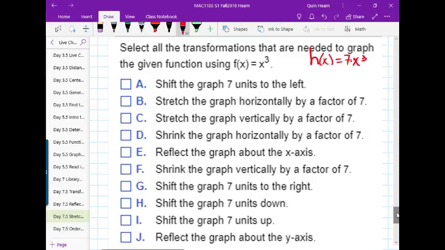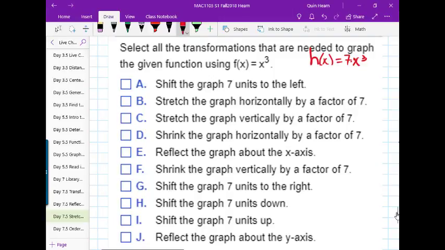So what do we have here? Anyone want to be brave and type it into the chat bar for me? What do you think?